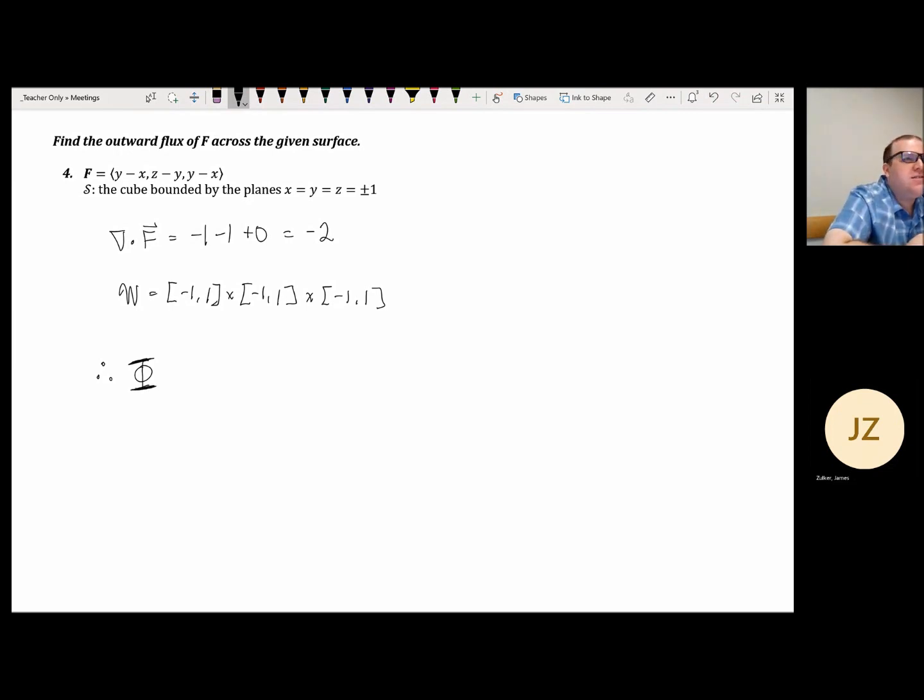So outward flux, remember, is just the surface integral of the vector field along the surface with positive orientation, outward pointing normal vectors.